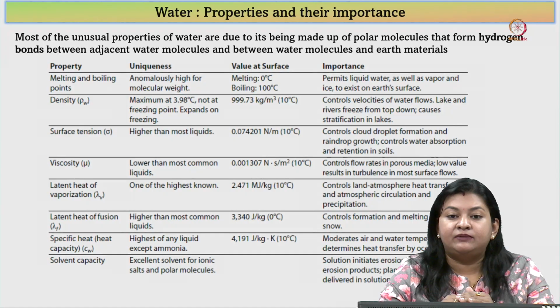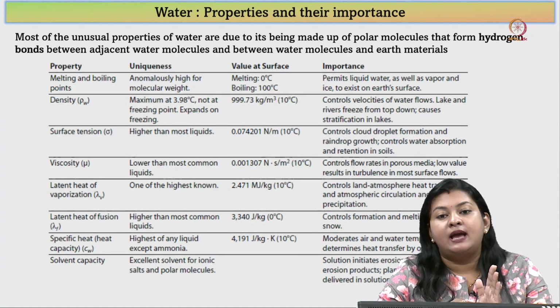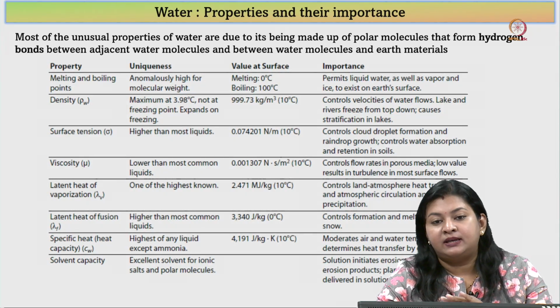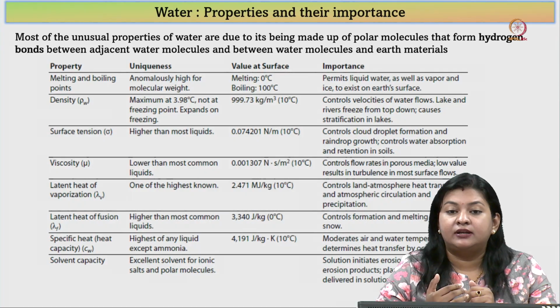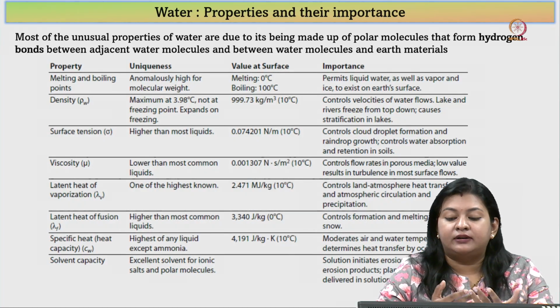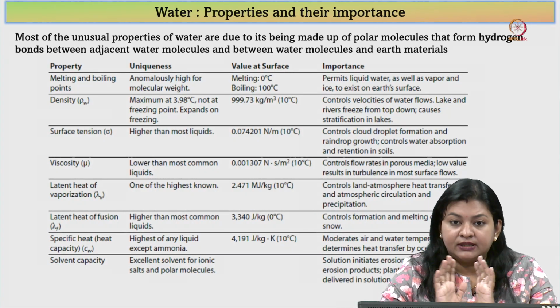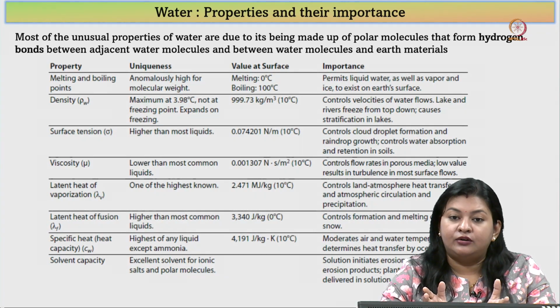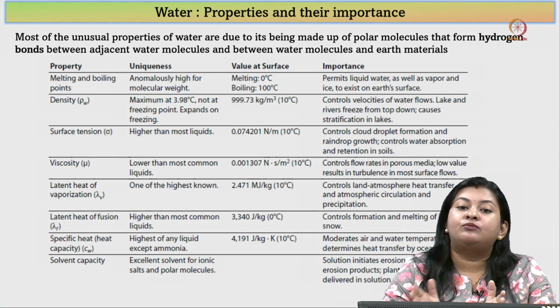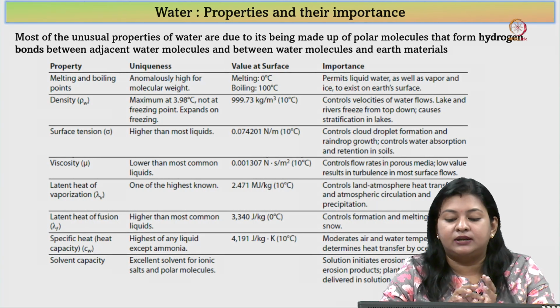So, this creates a balance between how much evaporation is going on and how much water is remaining as liquid, and it also causes a lot of energy to be transferred in the atmospheric circulation, because as you know, energy is neither created nor destroyed, it can only be transferred from one phase to another, right.